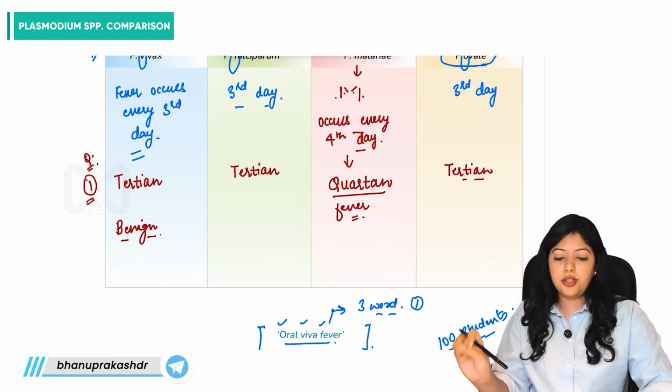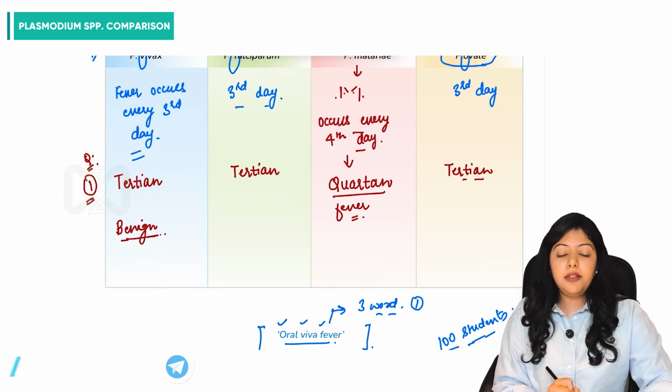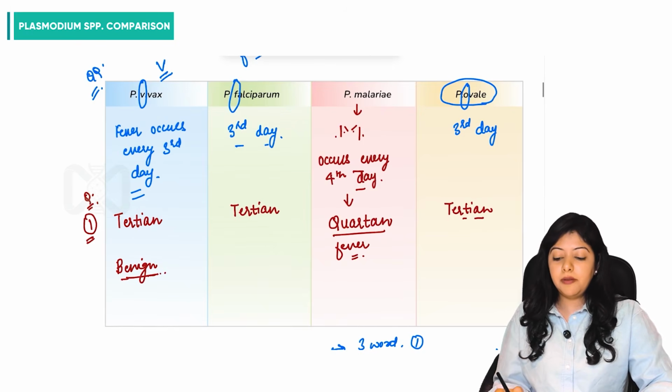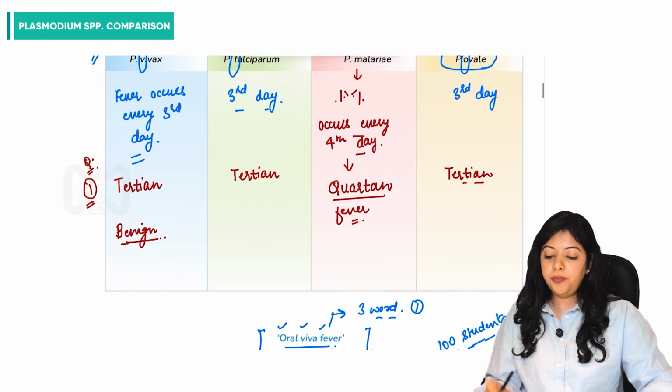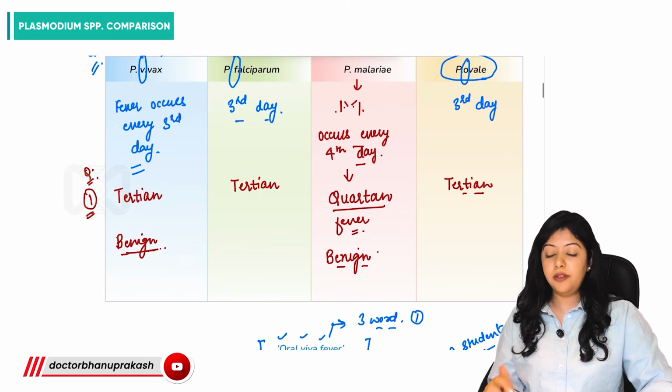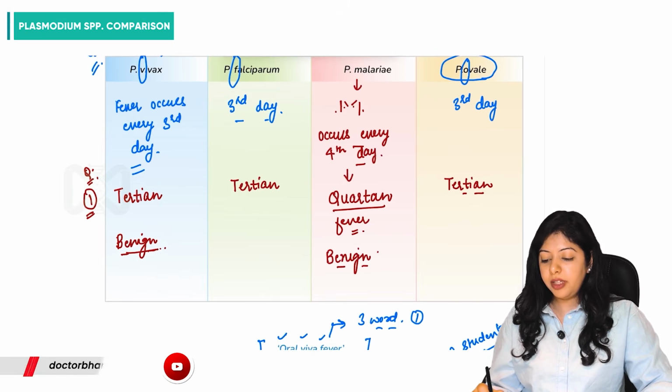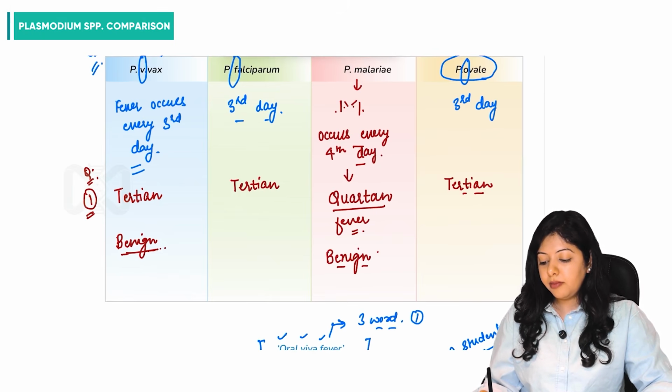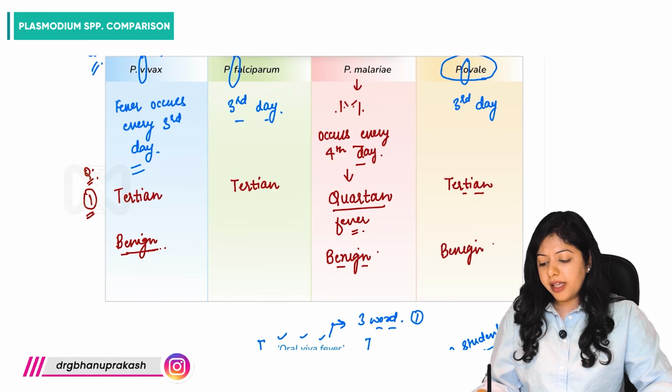So benign conditions occur in Vivax. Then falciparum we will discuss later on. Malariae also shows a benign pattern of fever, a less severe form, and ovale is also considered benign, but we call it ovale tertian fever.